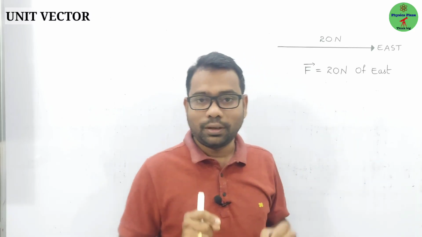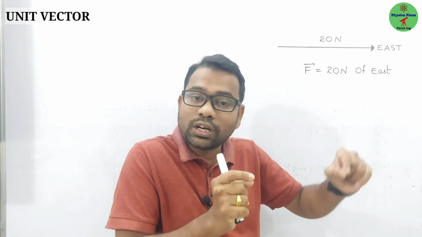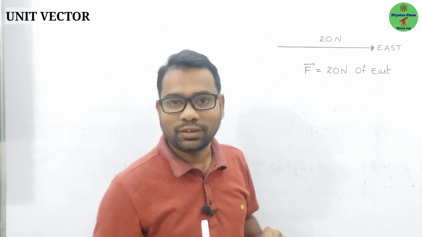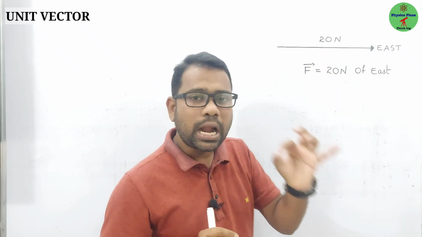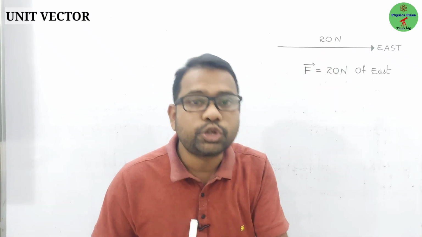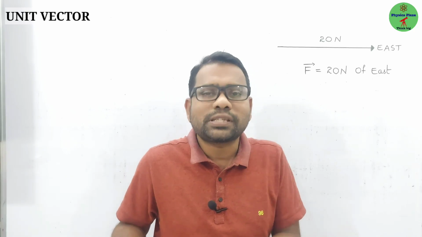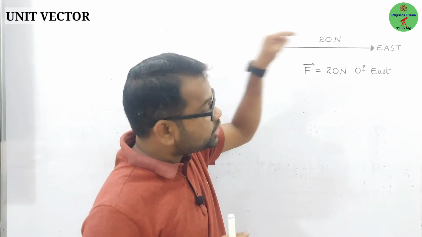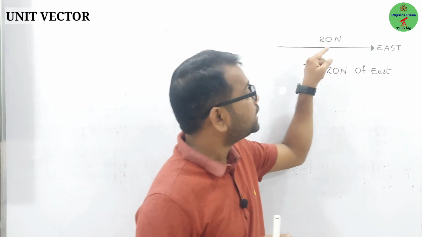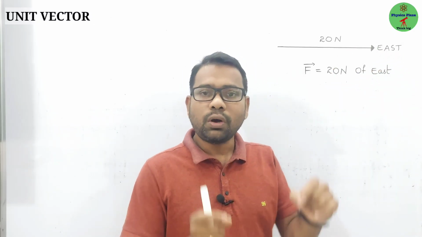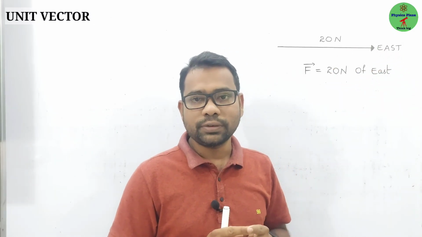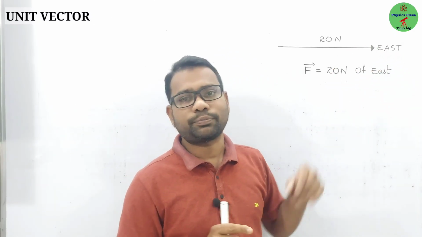How much? 20 Newtons. So 20 is a number, 20 is the magnitude. The magnitude of a vector is always a scalar, right? Means it's a simple number. In which direction is it acting, children? It is acting towards east. So, a force of 20 Newton is acting towards the east.